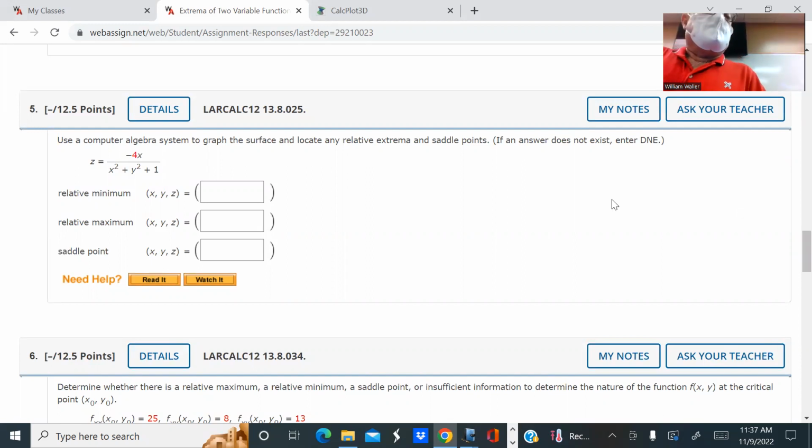So it says using a computer algebra system to graph the surface and locate the extrema. So that would be if there are any relative minima or relative maxima, or if there are any saddle points. Remember now, though, we have our second derivative tests to help us locate local minima and local maxima or saddle points without having to make the graphs, right?